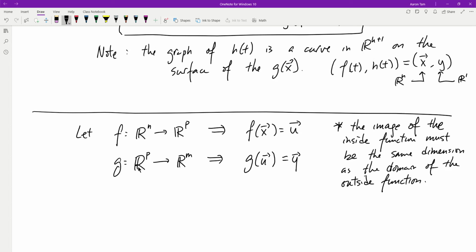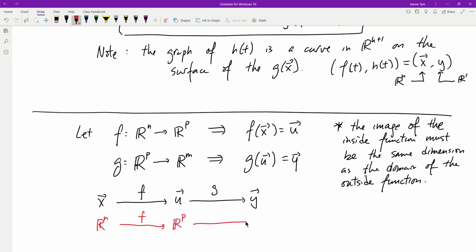So how does the composition work? It would take vector x through the function f to give me vector u, and vector u through the function g would give me vector y. In other words, it would take something in Rn through function f to give you something in Rp, and it just so happens that something in Rp can be plugged into g to get something in Rm.